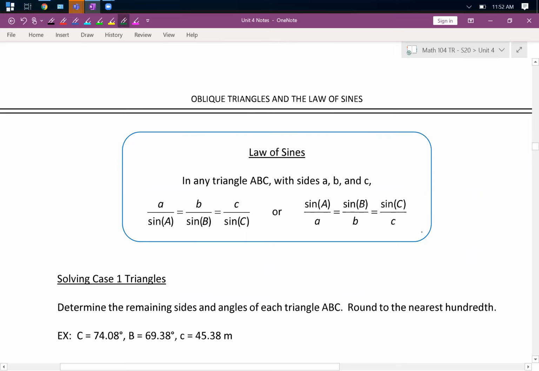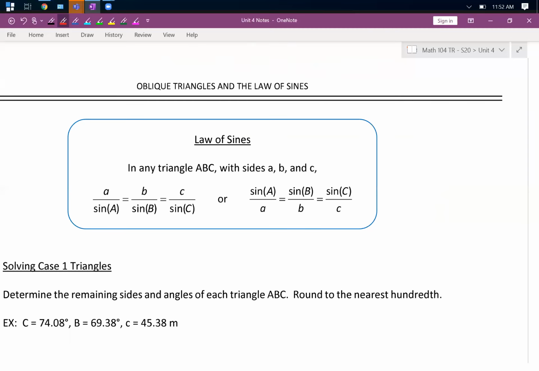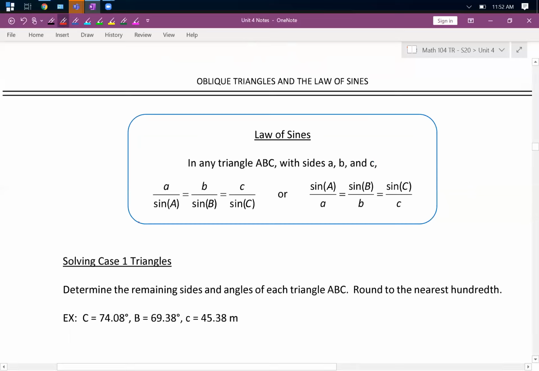We're going to start by dealing with case 1 triangles. But like I said before, I can't remember all the cases and which one's which and what congruence axiom and all that stuff. So what I like to do instead is I know that I'm going to use the law of sines if I have a known pair.